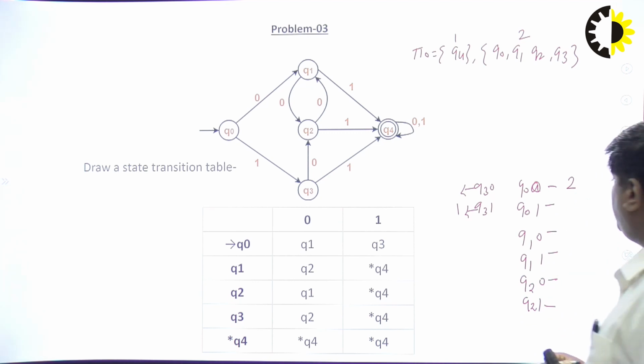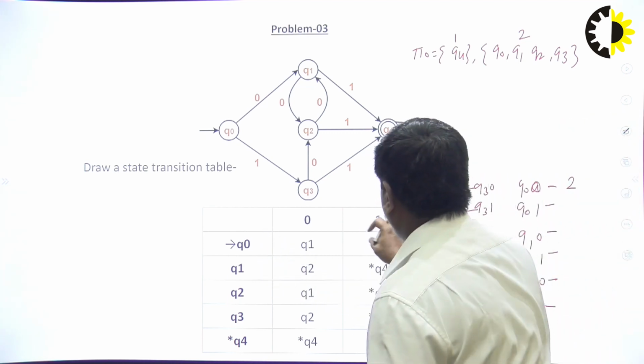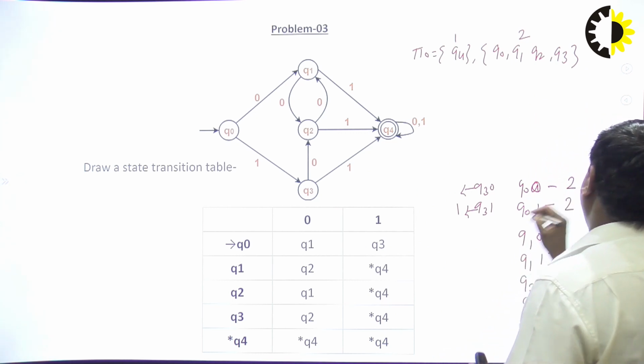Q0 on 1 is Q3, which is again set number 2.